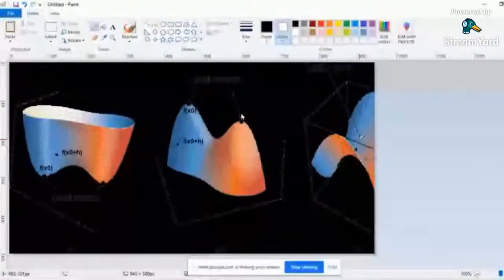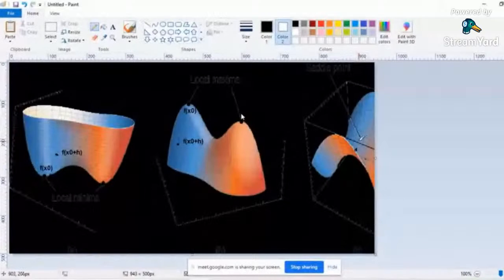Suppose x naught plus h is here, it is above.